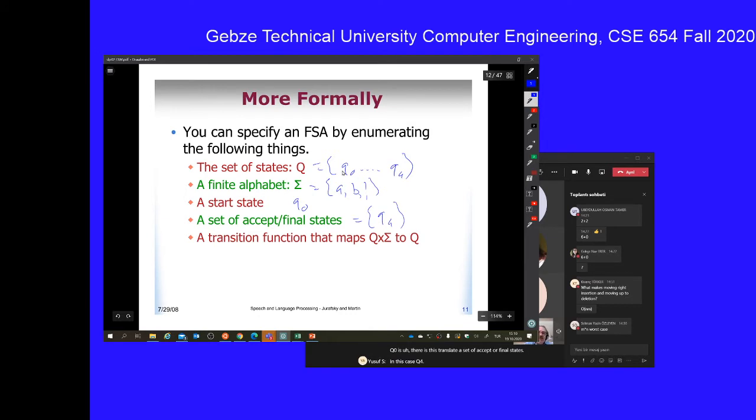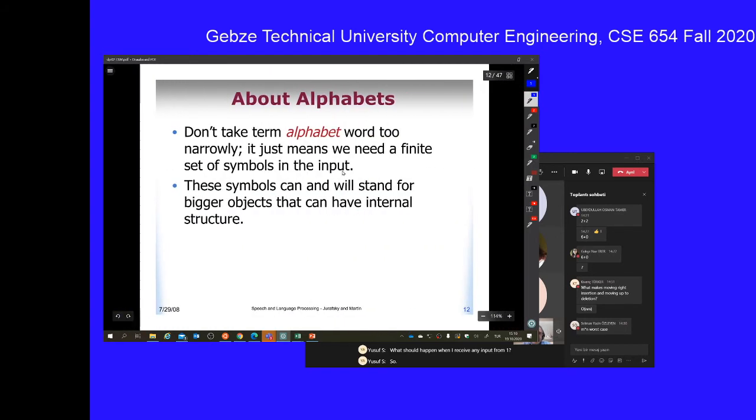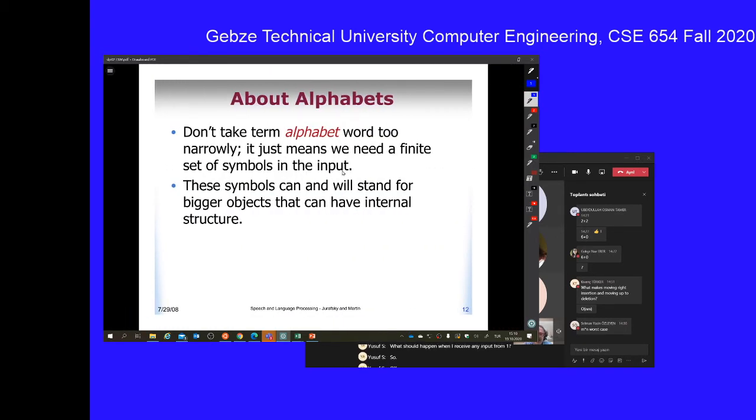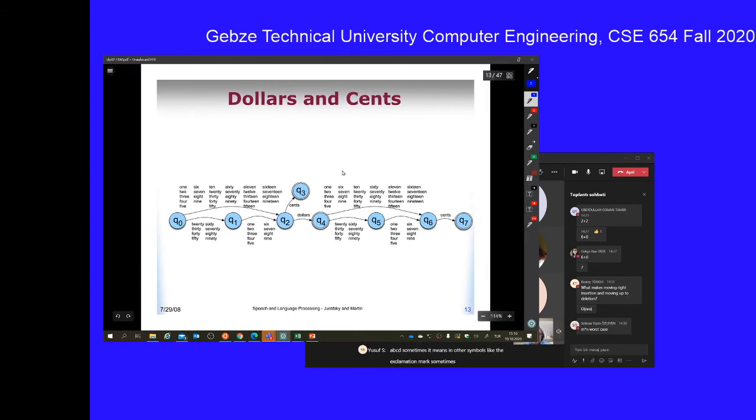It's a set, so there could be more than one accept or final state. And then the transition function tells you what should happen when I receive an input from one state. Don't take the alphabet as just A, B, C, D. Sometimes it means other symbols like the exclamation mark. Sometimes complete words could be your alphabet.